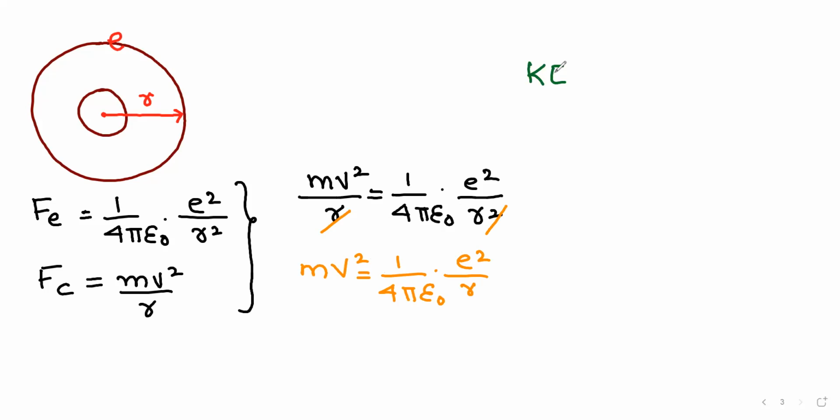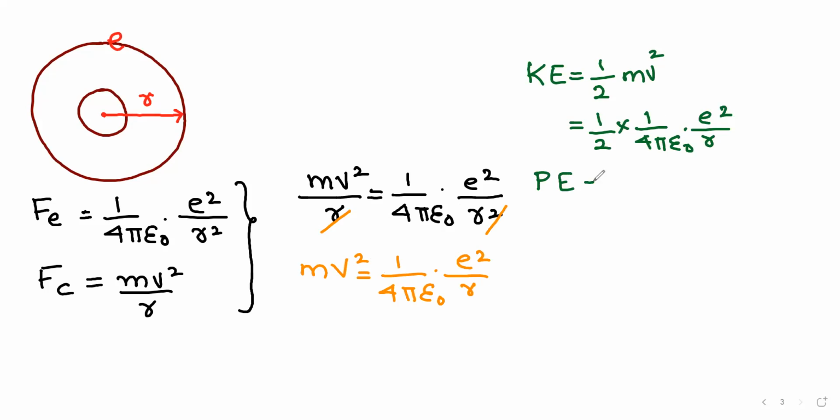That is, kinetic energy, as we all know, is half mv square, which is equal to half into, we know that mv square is 1 by 4 pi epsilon 0 e square divided by r. And your potential energy, as per the second chapter, is minus 1 by 4 pi epsilon 0 e square divided by r.